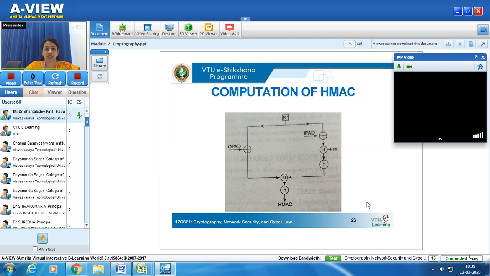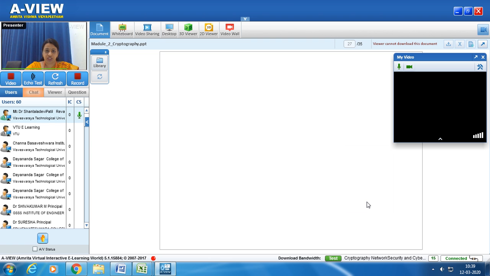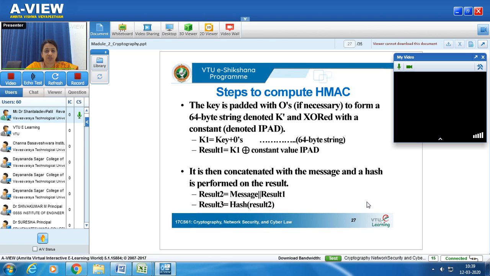Let's try to understand this in terms of equations. Now the key is padded with zeros to form a 64 byte string denoted as K dash. Since key K is padded with zeros, we denote it as key dash or K dash, which is XORed with the constant denoted by iPad.